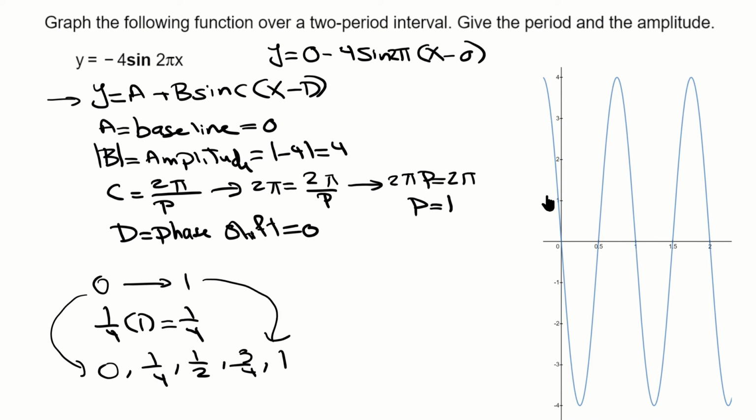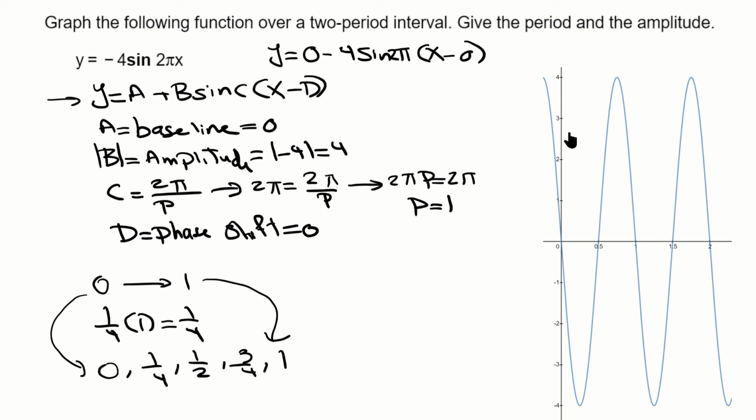So this way we know what the significant points are for one cycle of this sinusoid, and we know the baseline is 0, and we know the amplitude is 4. So it's going to go 4 above the baseline and 4 below the baseline as far as the height of the sinusoid is concerned.